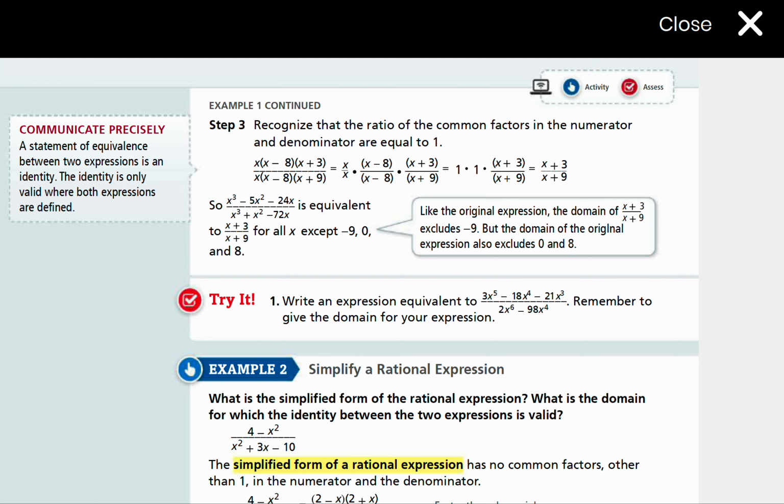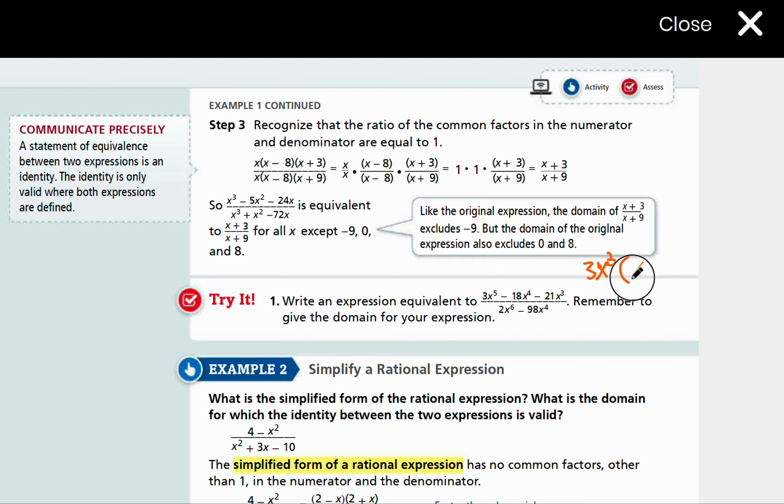Okay, are you ready? All right, so if you factor them out, you can factor the greatest common factor for the numerator. You have 3x cubed, right? So factor out 3x cubed.